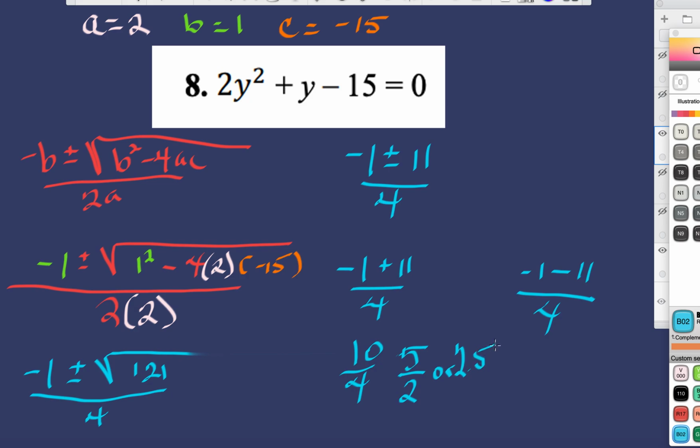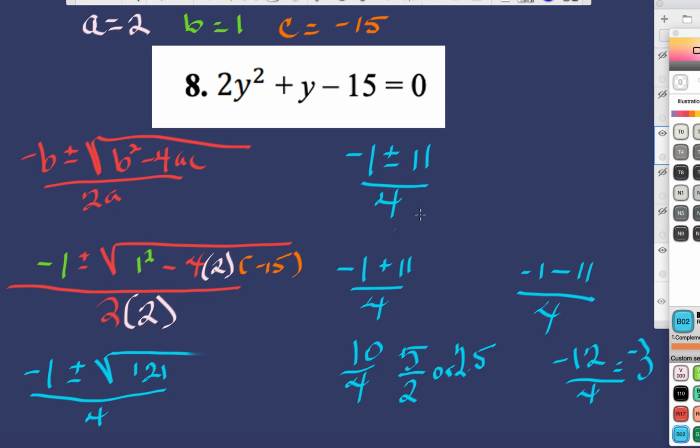You guys love your decimals. All right. Now we have negative 1 minus 11 divided by 4, which is negative 12 divided by 4, and that is equal to negative 3. And that's it. All right.